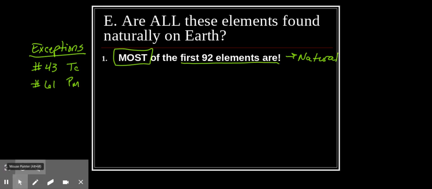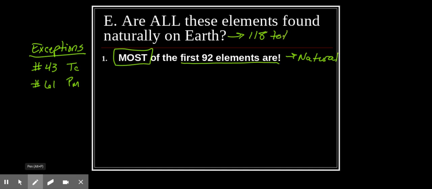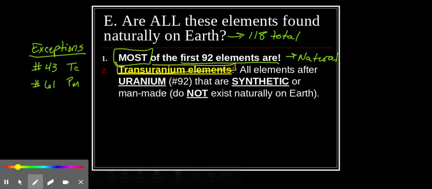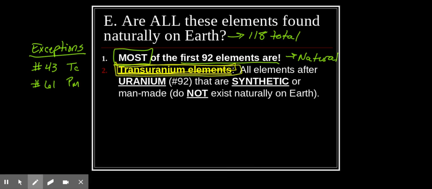Now, hopefully you are thinking by this point, what about the others? Because remember, there's 118 total that we know about. The first 92 exist naturally, but what about the rest of them? These are actually what we call the transuranium elements. And that is a key word that we want to make sure that you highlight: transuranium.